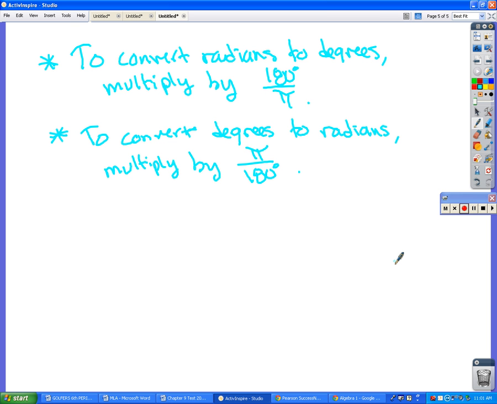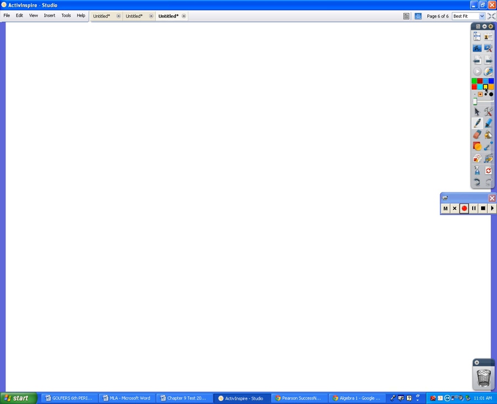Okay, so what we can do with this is we can now figure out what are the cosine and sine of radian measures also, instead of degree measures.